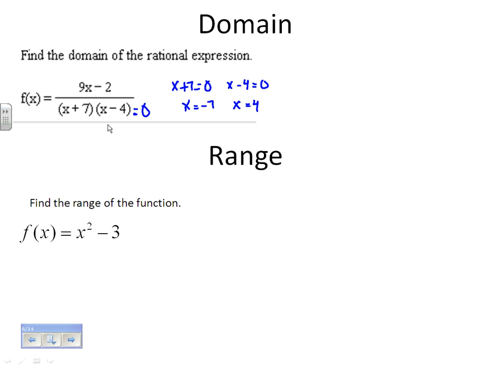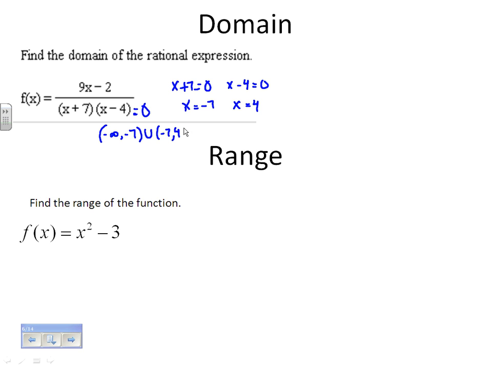So what I need to say in my domain is all of the numbers are fine except for -7 and 4. So I'm going to write it in interval notation where I'm going to say from -infinity to my farthest left number, which is -7, I can plug in all of those numbers, but I can't plug in -7, so I make it a parenthesis. Then I can go from -7 to my other number, which is 4.